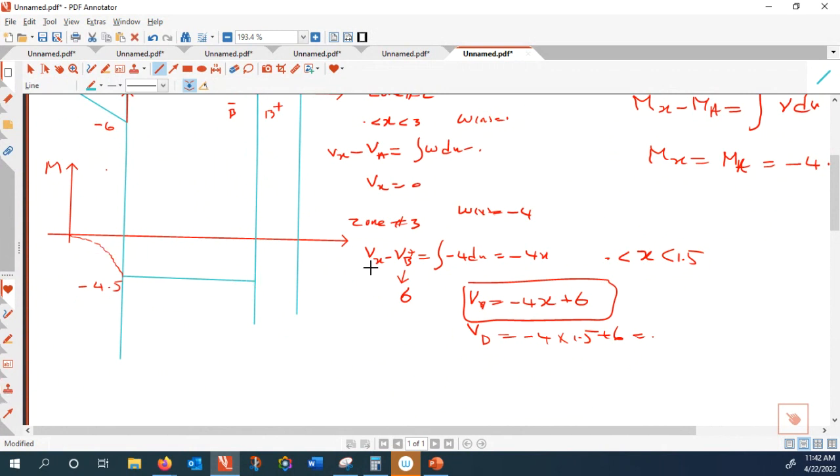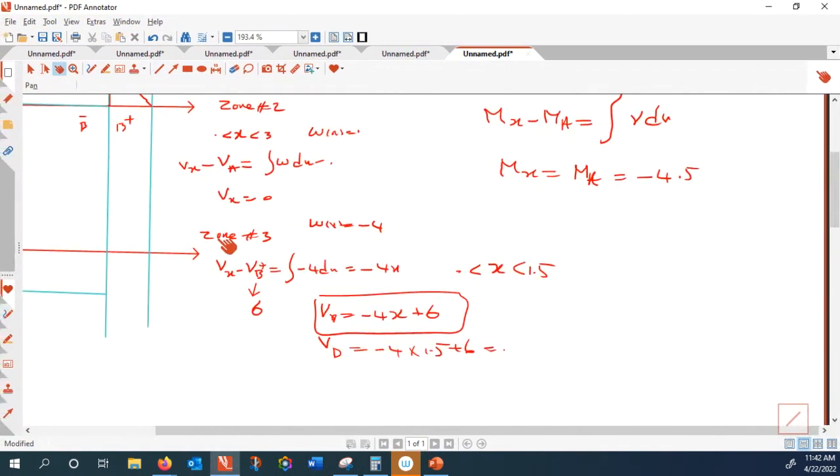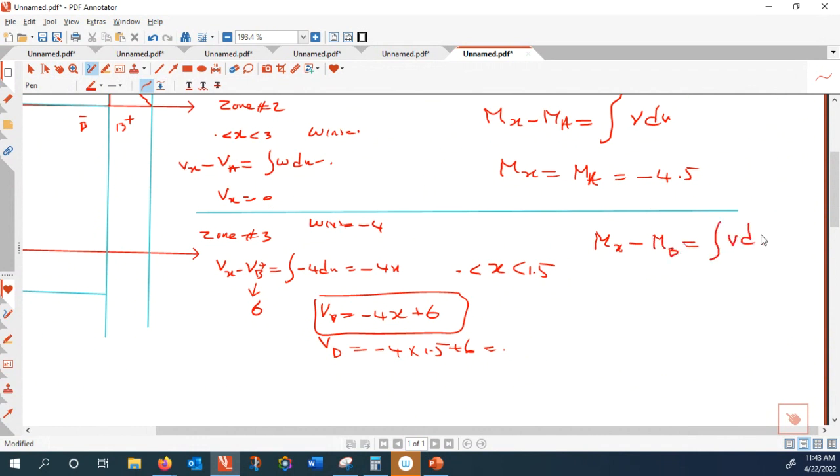And what happens in the third zone? Third zone, that is M of x minus M of B is equal to the integral of V dx.